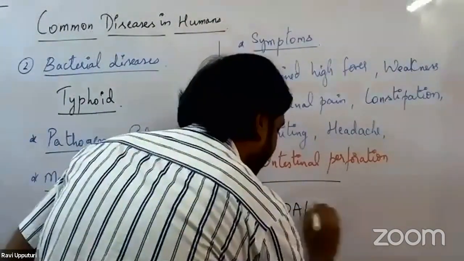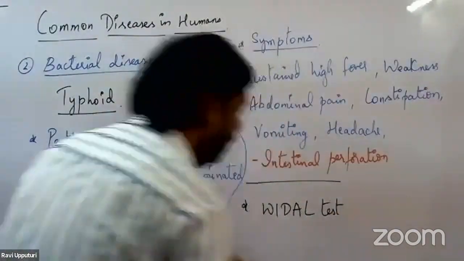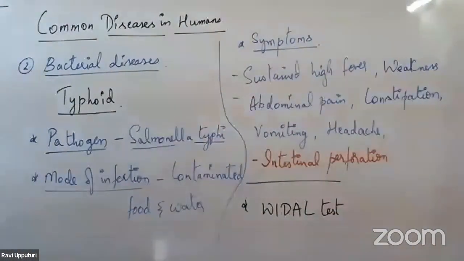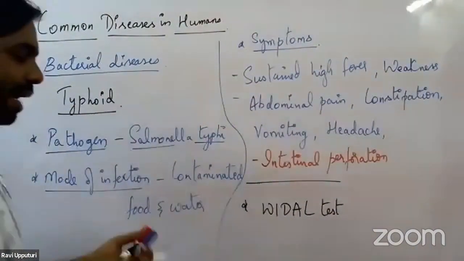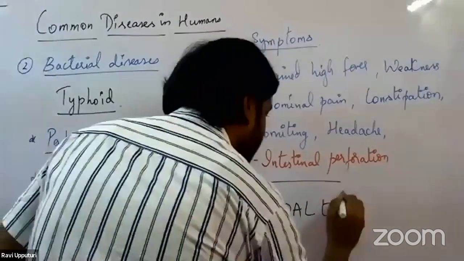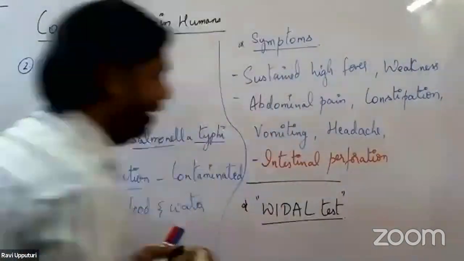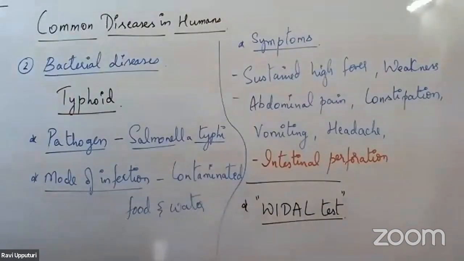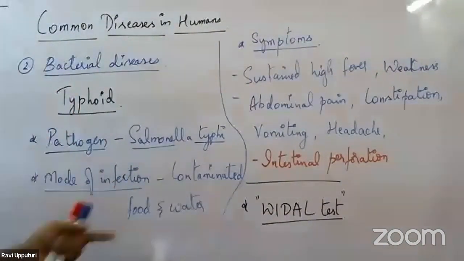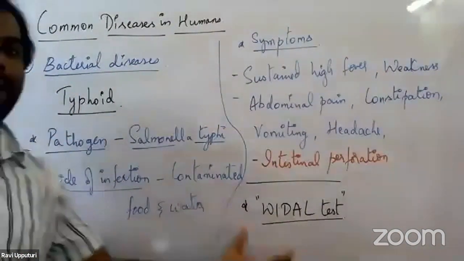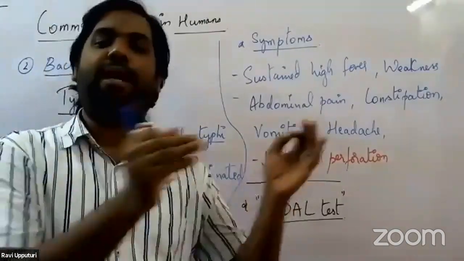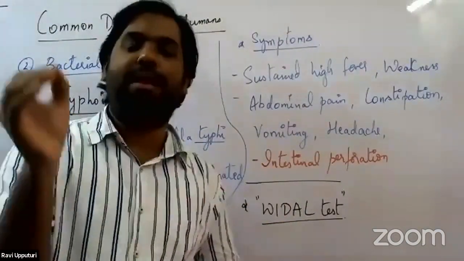This is a simple blood test, which is called the Widal test. Through this Widal test, the presence of this particular bacteria, Salmonella typhi, could be easily identified. It is a simple antigen antibody test, just like how we do the blood grouping test.